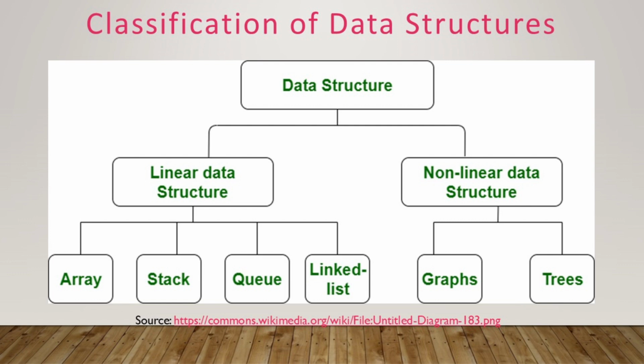So data structures can be categorized into primitive data structures and non-primitive data structures. Primitive data structures you have all learned in earlier programming sessions, like integers, float, characters, and several other things, as well as booleans also. I've not included everything here, right?